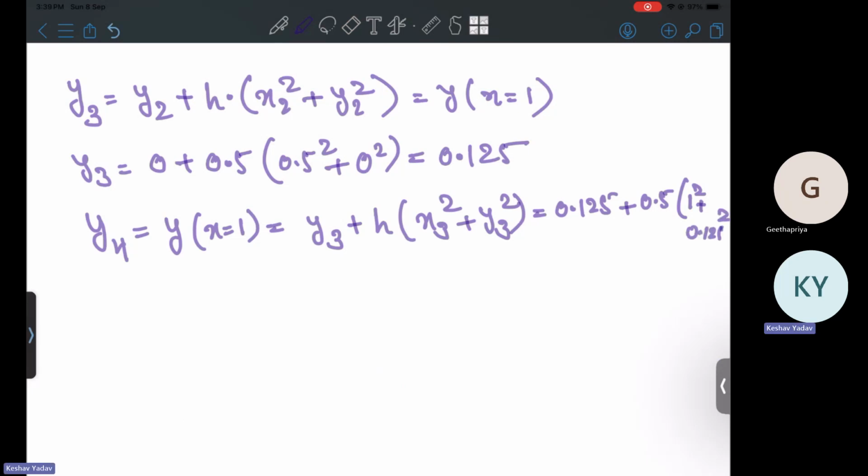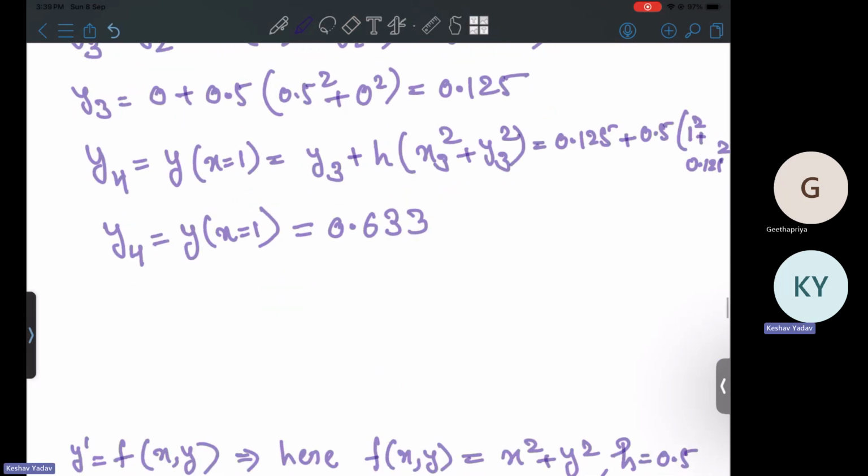Okay. If you calculate that, y4 will come, which is nothing but y at x equal to 1.5. That will be equal to 0.633. Okay. Good.